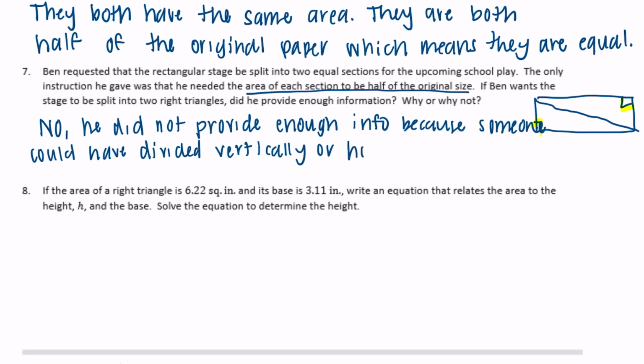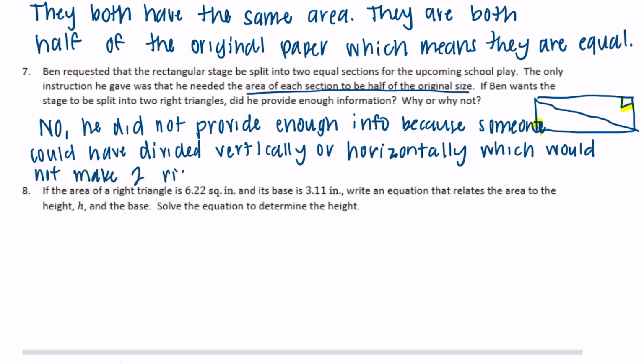Okay, it is H-O-R-I-Z, I believe, horizon, O-N-T-A-L-L-Y. I think that's right. Horizontally, which would not make two right triangles.